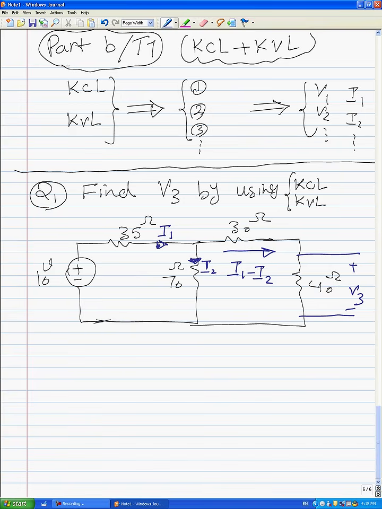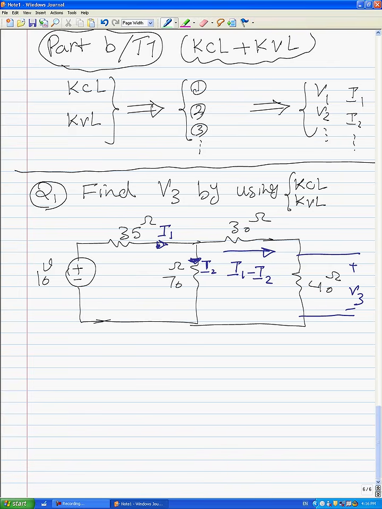Again, we are applying KCL in the circuit. It is very easy and simple. We define I1 here, and also here we have I2. That's why KCL says this current is equal to I1 minus I2.